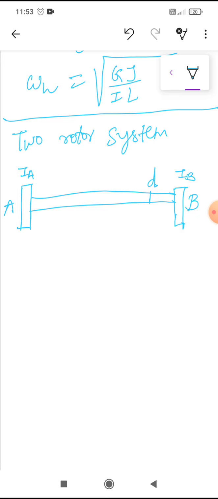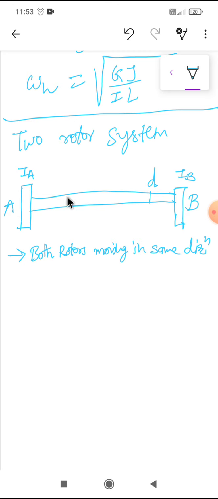And now what are the possibilities of these rotors? So the first possibility of rotation is that both rotors are moving in the same direction. What does it mean?